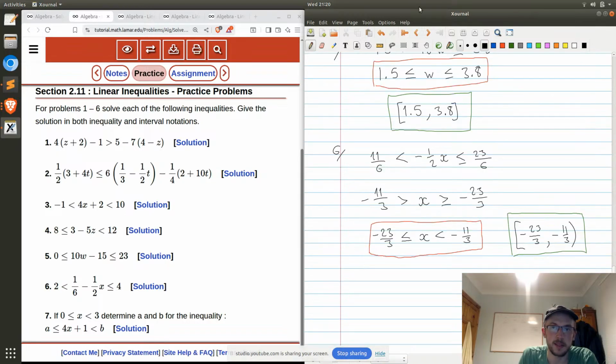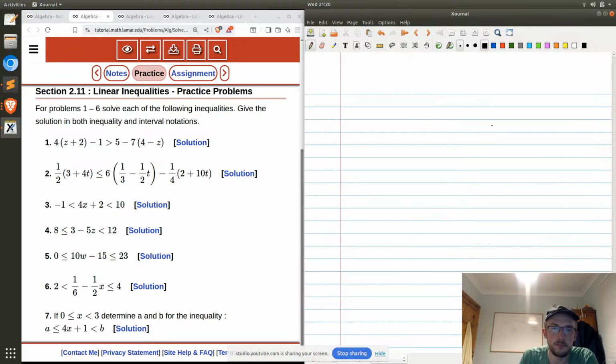Now comes problem 7. If 0 is less than or equal to x, which is less than 3, determine A and B for the inequality that you see right here. So what I shall do is first multiply the left and the middle and the right by 4. So this is going to turn into 0, 4x, and 12.